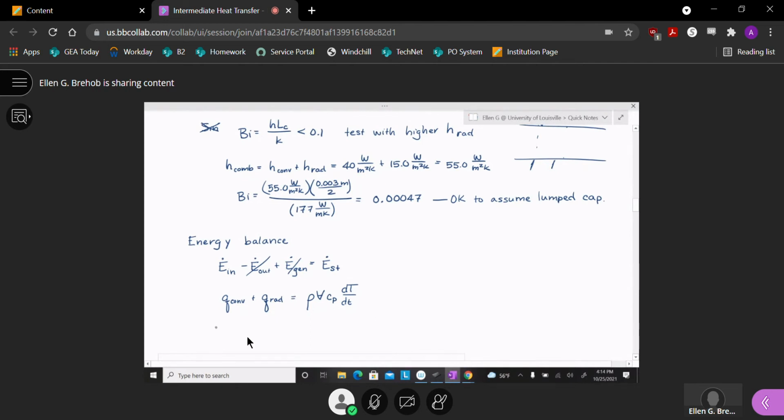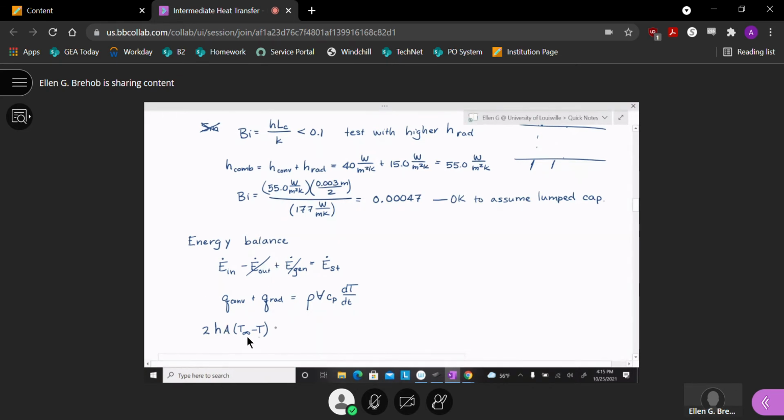Okay, so if I looked at convection, heat transfer coefficient, surface area, and we're going to assume convection to the surface. So I'm going to put T infinity minus T of our plate surface.